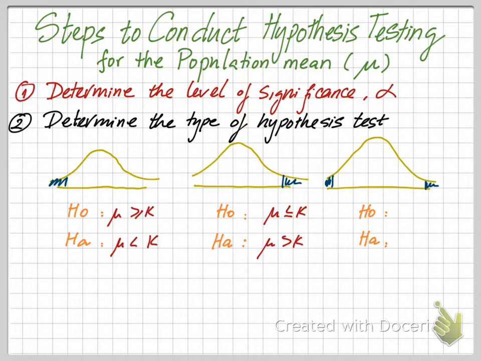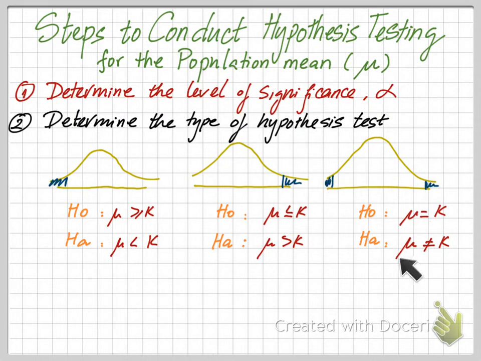If the alternative statement has mu is strictly greater than k, then this is the right tail test. And lastly, if the alternative hypothesis is mu is different than k, then you have a two-tail test.